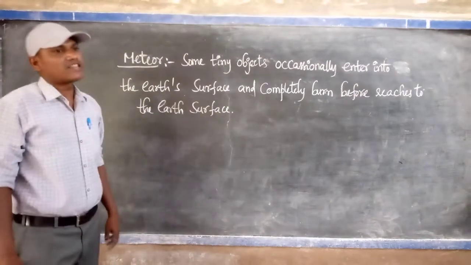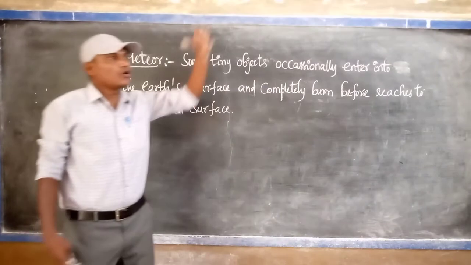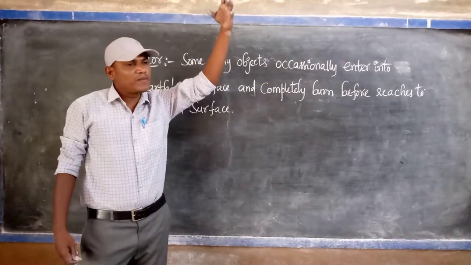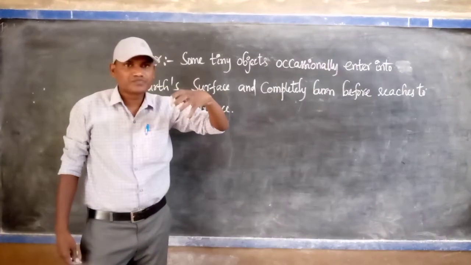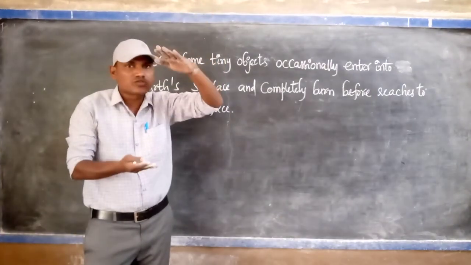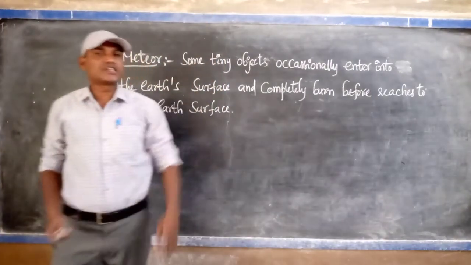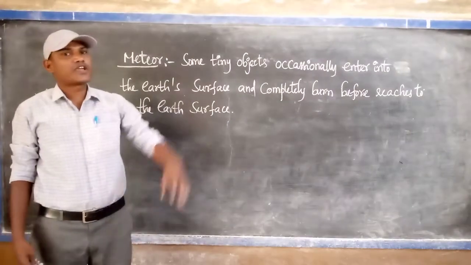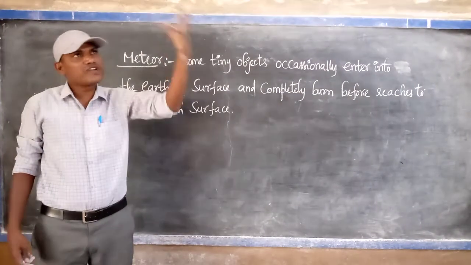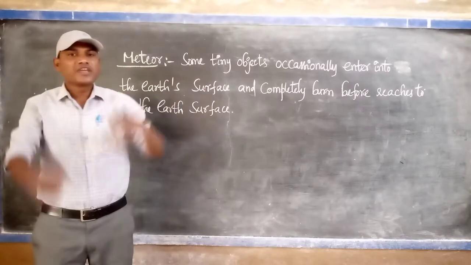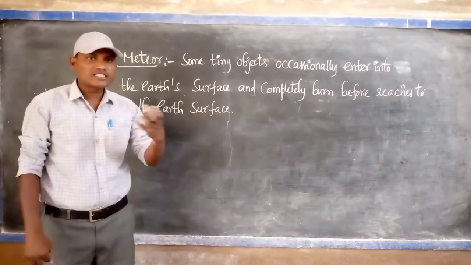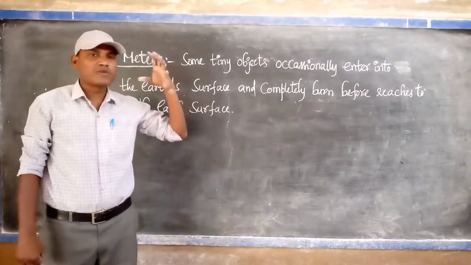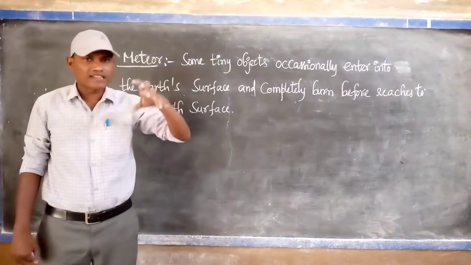We know that if an object comes close to the surface of the Earth, its speed gradually increases. It is already in motion, but when it enters the Earth's atmosphere, it is strongly pulled by the Earth's gravitational force. That's why these small tiny objects come with a higher velocity in the Earth's atmosphere.